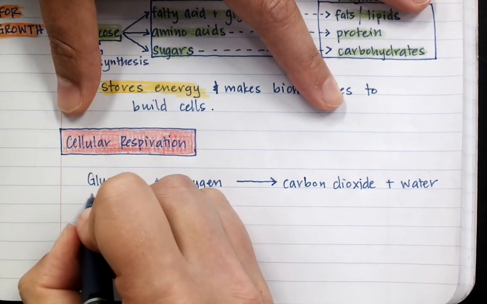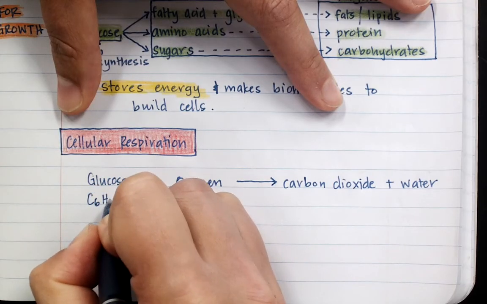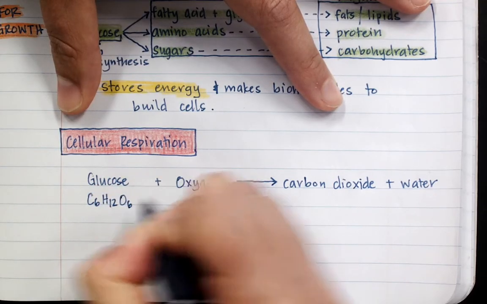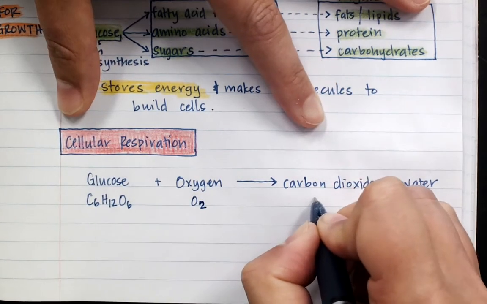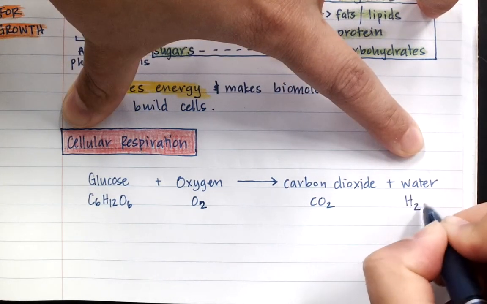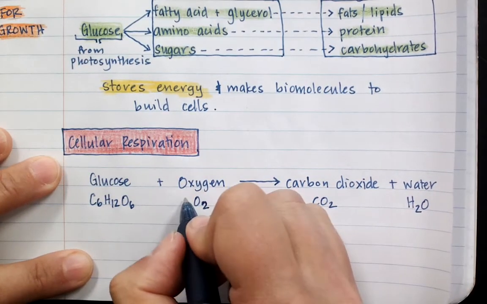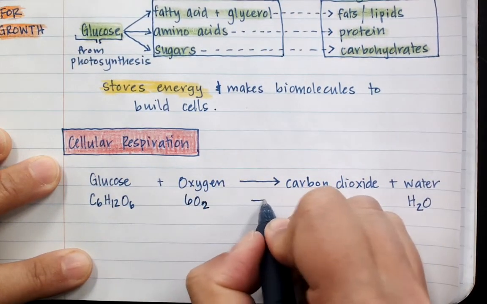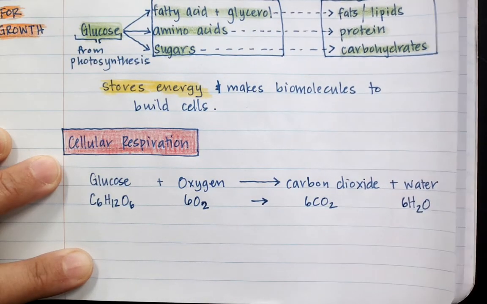The chemical equation for this is going to be C6H12O6 plus O2 turns into CO2 plus H2O. And if I wanted to balance this, I would need 6 oxygen for 6 carbon dioxide and 6 water.